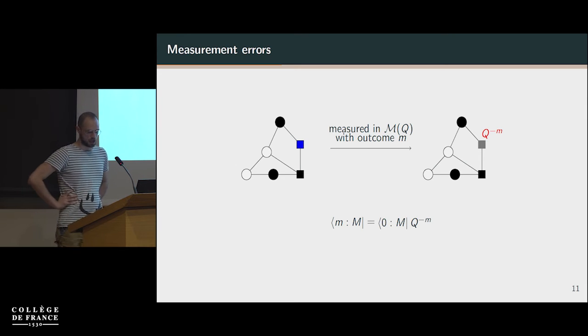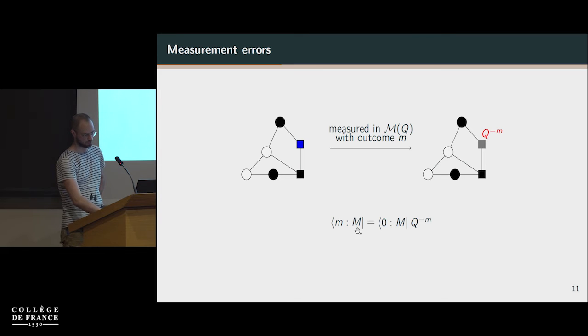Now, as I said a few slides back, the measurement associated with m is going to correspond to the projector-valued measure of its spectral decomposition, right?